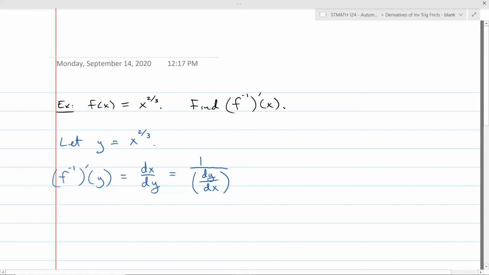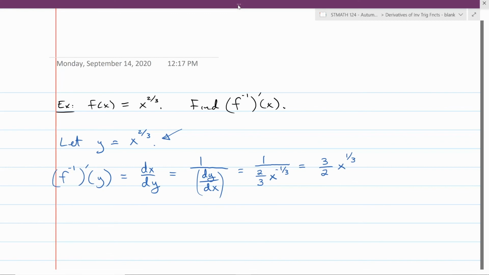Well, I know what dy dx is just by looking at this formula right here, y equals x to the 2/3, so I can compute it. And what do I get for dy dx? Well, dy dx would be bring the 2/3 down, then you get x to the negative 1/3, right? Or if you want, you can write that as 3/2 x to the positive 1/3.